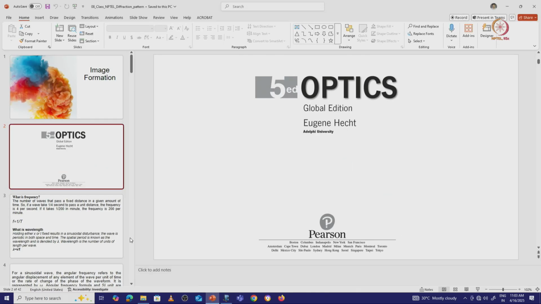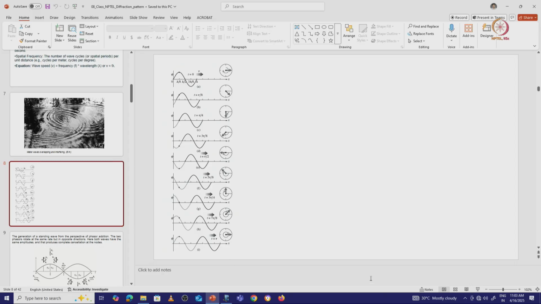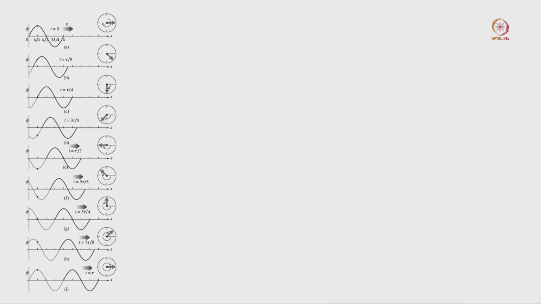So now we will go to that. I will not draw each and every diagram. Here if we come, you can see a similar kind of pattern. What you can see here, I already showed you, when t equals 0 there is no phase change, you can see it is at the 0 position.